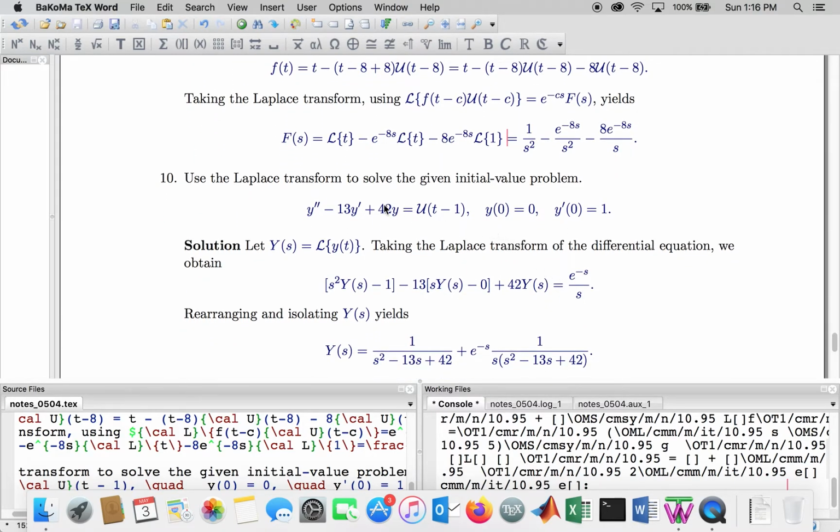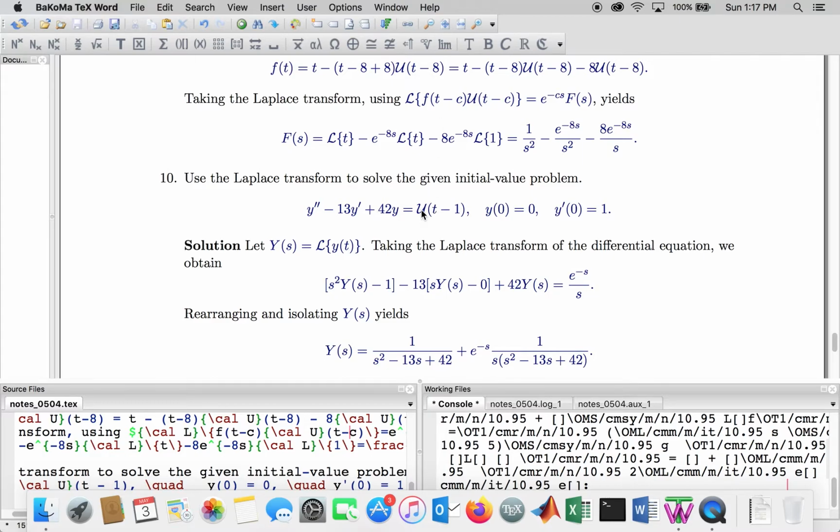So now we're going to solve a differential equation that has a unit step function right-hand side and these initial conditions. If we take a Laplace transform, first I'm going to talk about the right side because that's a more interesting case here. Things like the left side, we've been doing that already. So if we fit this right-hand side here to this rule, c is equal to 1, and then little f is just equal to 1.